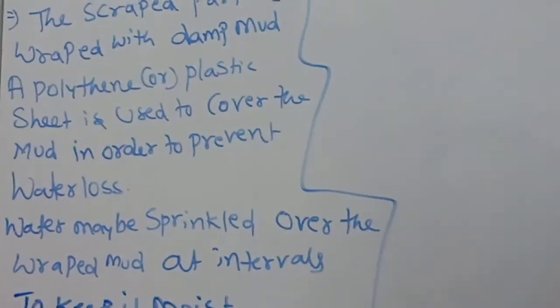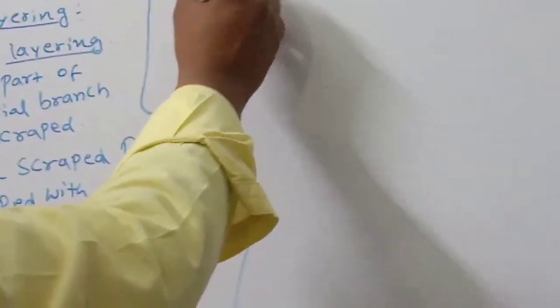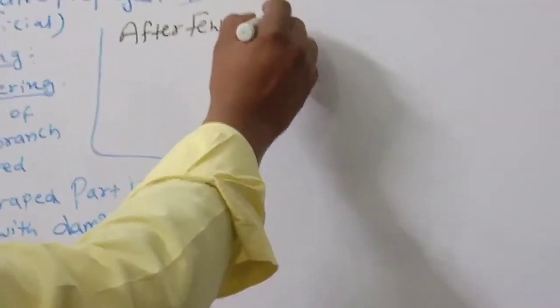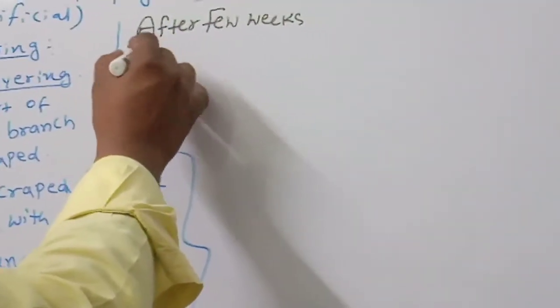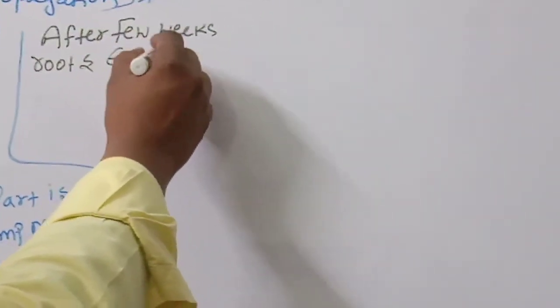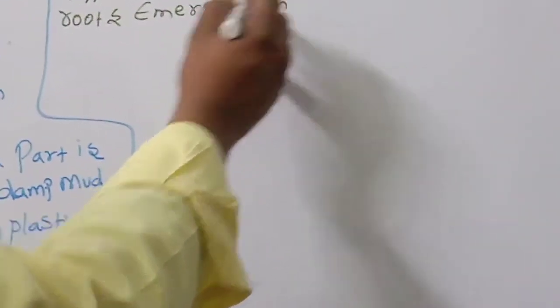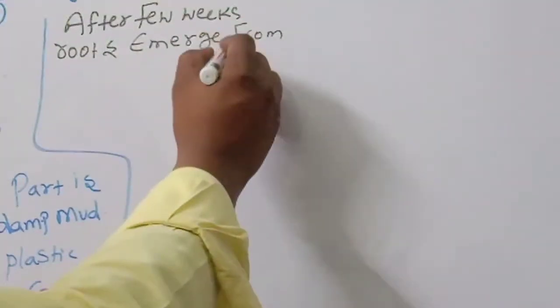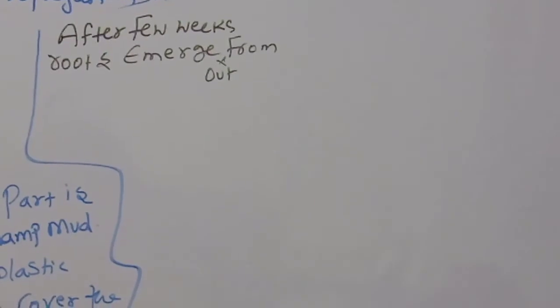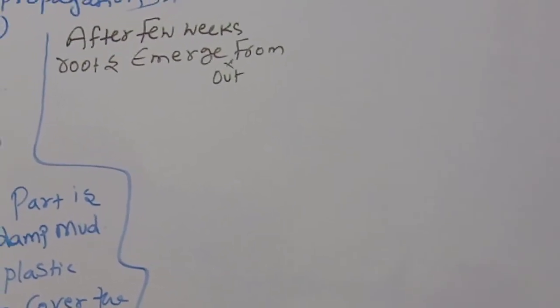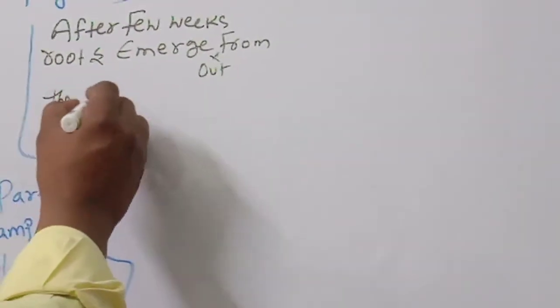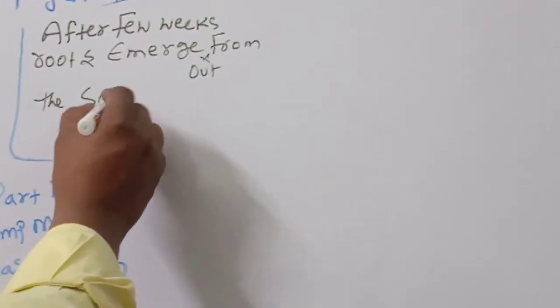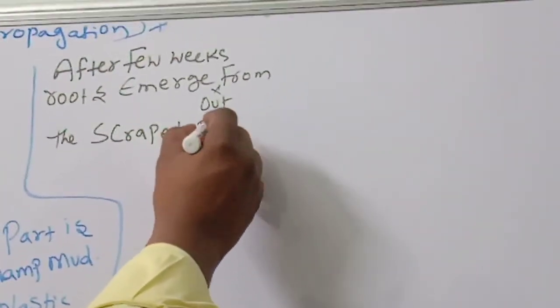After a few weeks, the roots emerge out from the scrapped part of the stem.